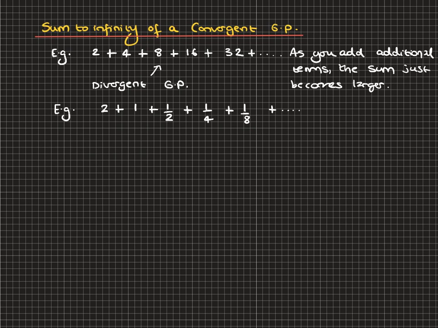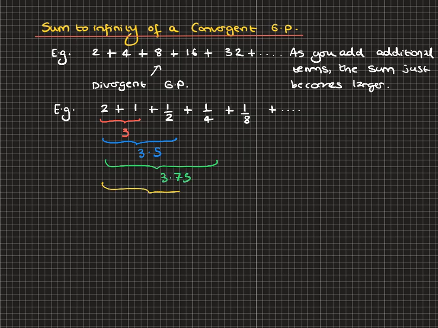Now, if we just add together the first two terms, we get 3. If we add together the first 3 terms, we get 3.5. If we add together the first 4 terms, we get 3.75.